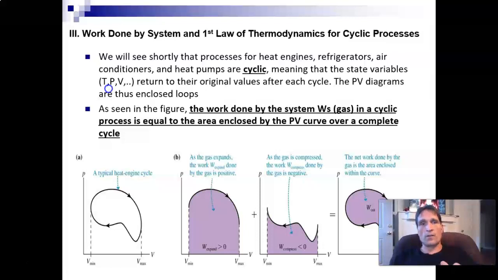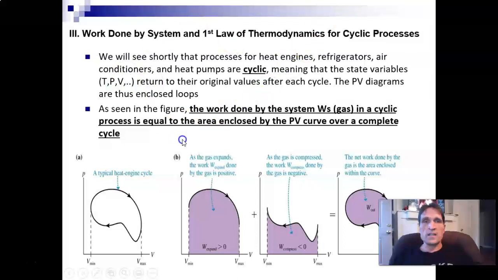For example, in a 4-stroke engine, there are 4 thermodynamic processes, and then it repeats itself, and the temperature, pressure, and volume all return to their same values after every cycle.